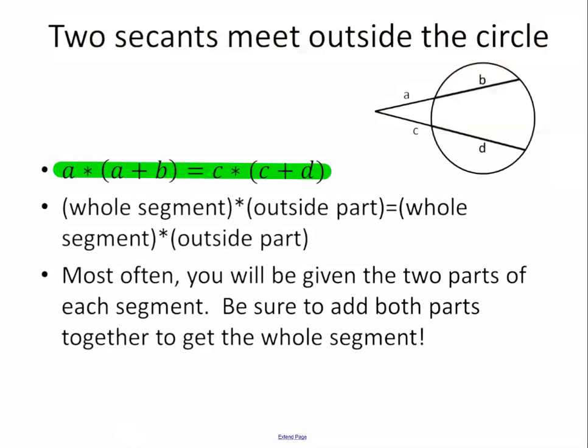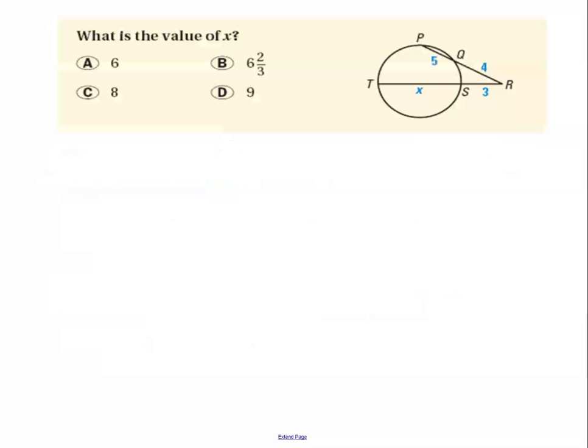So two things. First of all, we have to make sure the A and the B are on the same line. The other piece that you have to make sure of is that the A and the C have to be the outside part. Okay, so for the formula to work, the A and the C have to be the outside part, because as we said, it's the outside part times the whole thing.